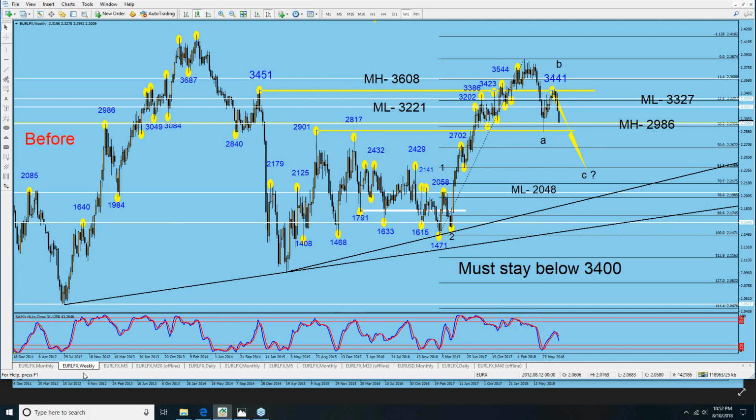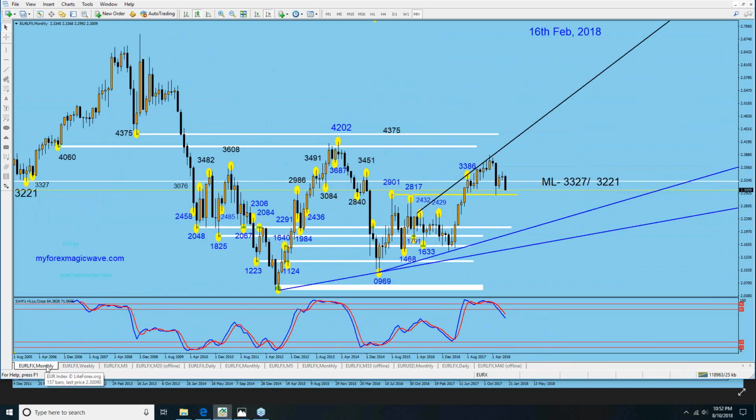Like this one, euro, this is a weekly chart, this is my monthly chart, right? Then every other index and pair, these are 5 indexes, 5 major currencies. I give you monthly and weekly charts of those with all my analysis, where they are going and what they are going to do, getting stronger or weaker, and based on that we have setups made on the pairs. Like I just showed you euro CAD.